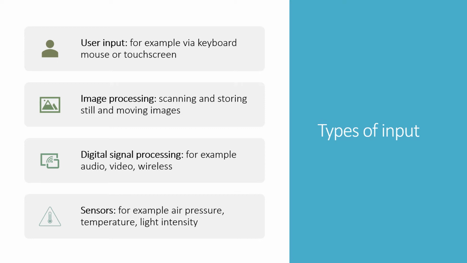Other kinds of digital signals can be input to the computer, for example sound, and wireless signals can be received. And there are a range of input sensors which will detect factors in the environment such as temperature and input those digitally into the computer.